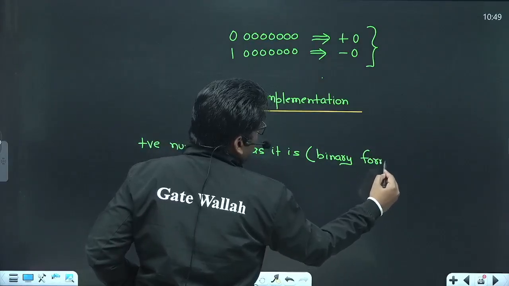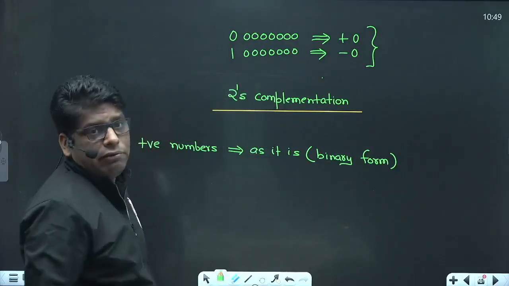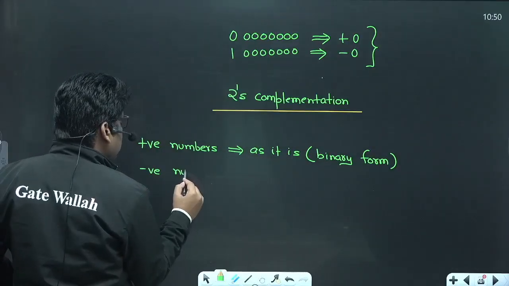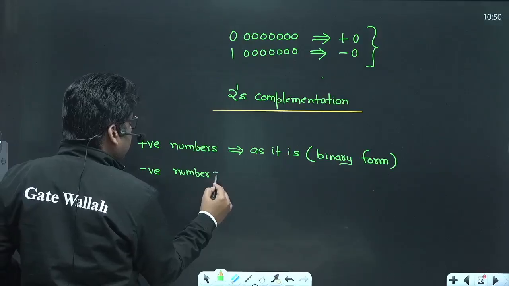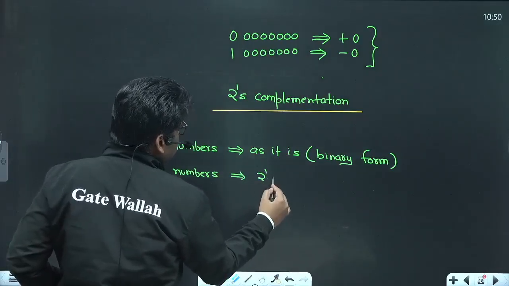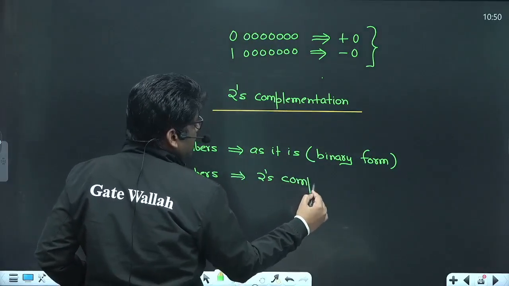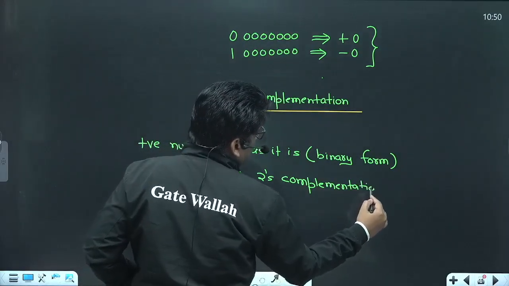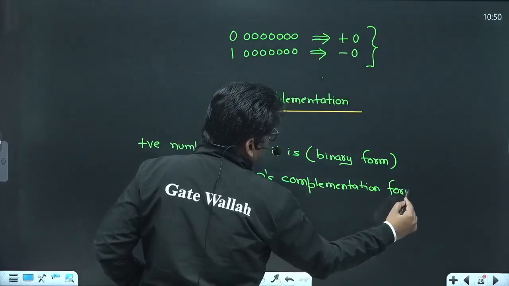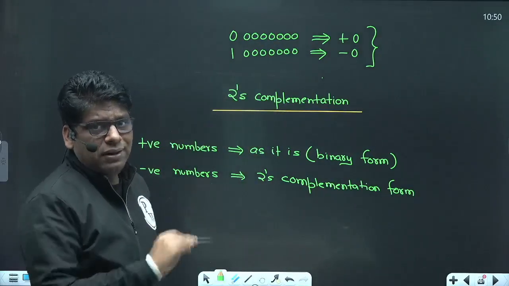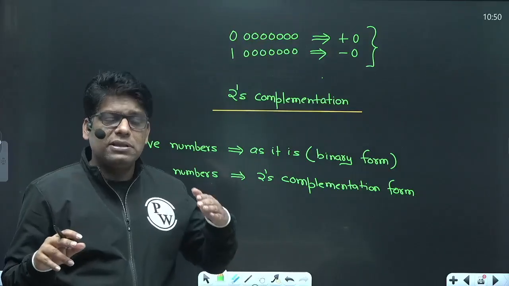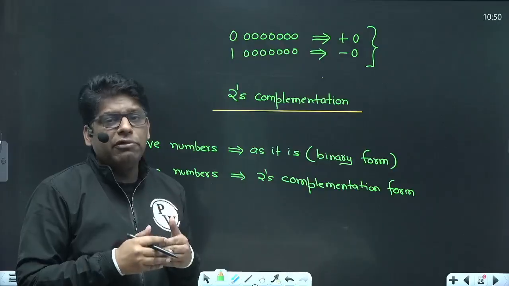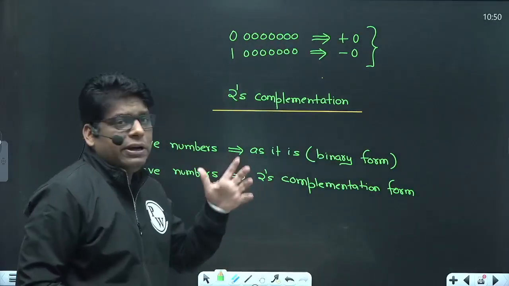And to store negative numbers, two's complementation is used. Sir, for a positive number, everything is okay. Just calculate the binary of that number, and that will be stored in computer memory. For a negative number, you need the two's complementation format.